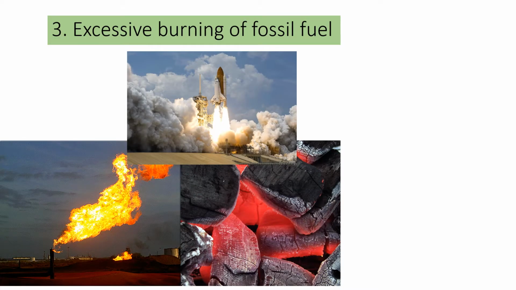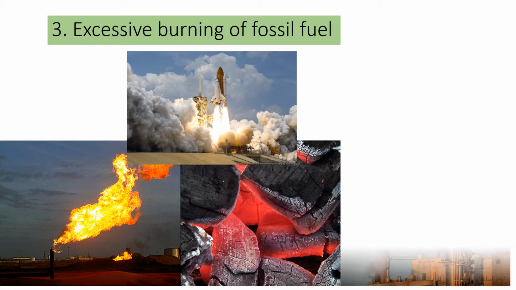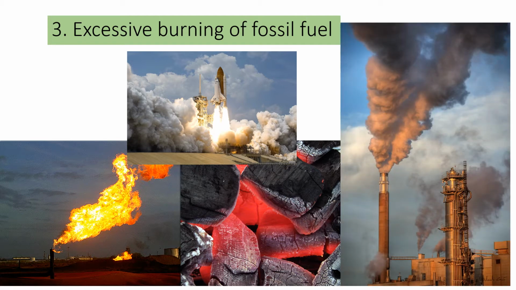Excessive burning of fossil fuel is another harmful factor. Fossil fuel is used in industries and in transportation. When fossil fuel is burned, harmful heavy gases such as carbon dioxide, carbon monoxide and sulfur are produced.